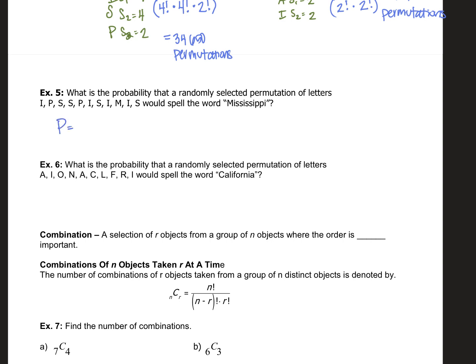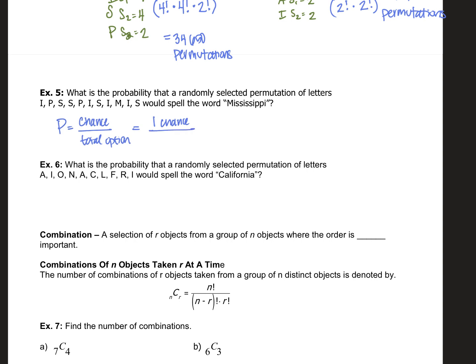Yesterday, I broke down that I think of probability as our chance of something happening over our total options. So our chance of all of these letters spelling the word Mississippi is 1. I have 1 chance that that will happen the first time.